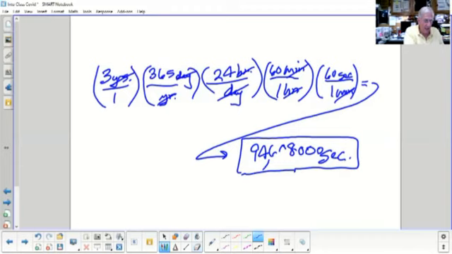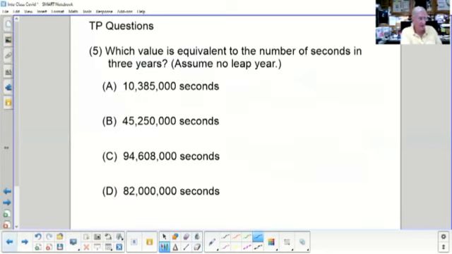It's 94,608,000 seconds. That's a lot of seconds, right? And let's take a look and see if our answer is correct. 94,608,000 seconds is the correct answer for C. So you see, we've done it correctly. We have an answer that's there, looking good.